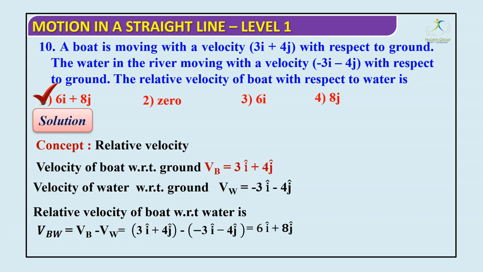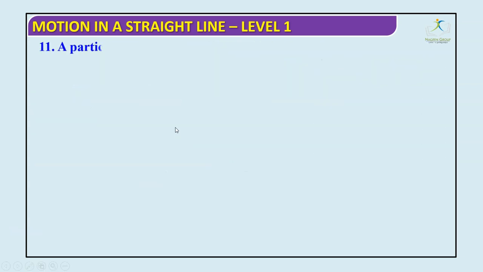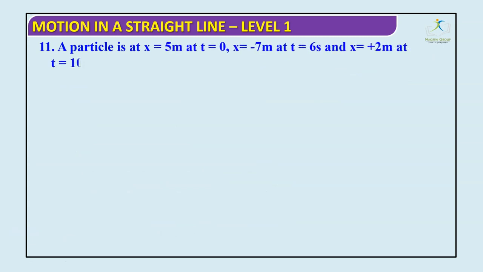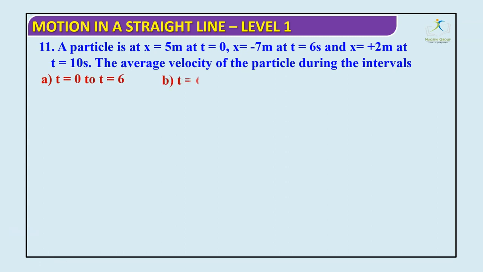Moving ahead with the next question, the 11th. A particle is at x is equal to 5 meter at t is equal to 0, and the second position is x is equal to minus 7 meter at t is equal to 6 second, and x is equal to 2 meter at t is equal to 10 second.